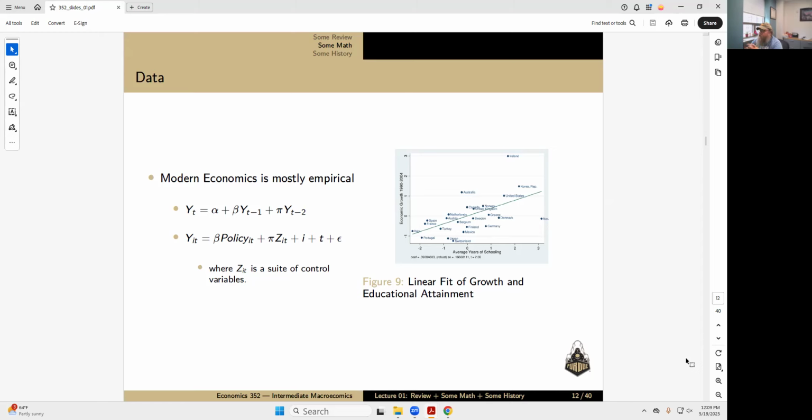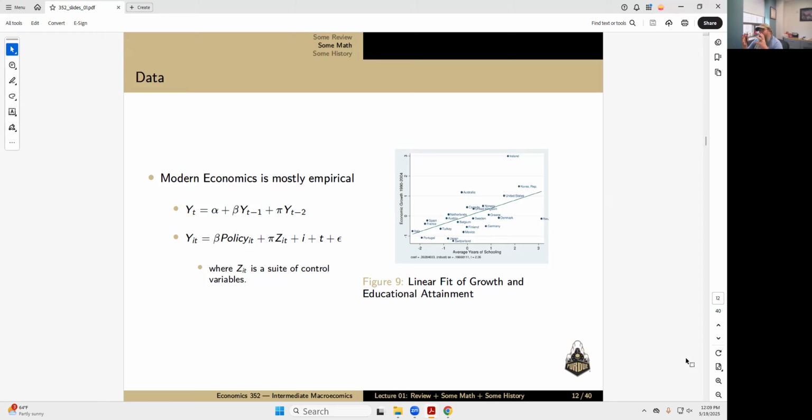That's going to be one of the hooks that I have, that we're going to talk about that empirical side a little bit more than you would normally get in a traditional intermediate macro class. And so we'll talk about the use of regressions. We'll talk about the caveats of regressions and what you have to be concerned about when you're running regressions and when you're trying to make causal interpretations of, for example, policy questions and so on and so forth.